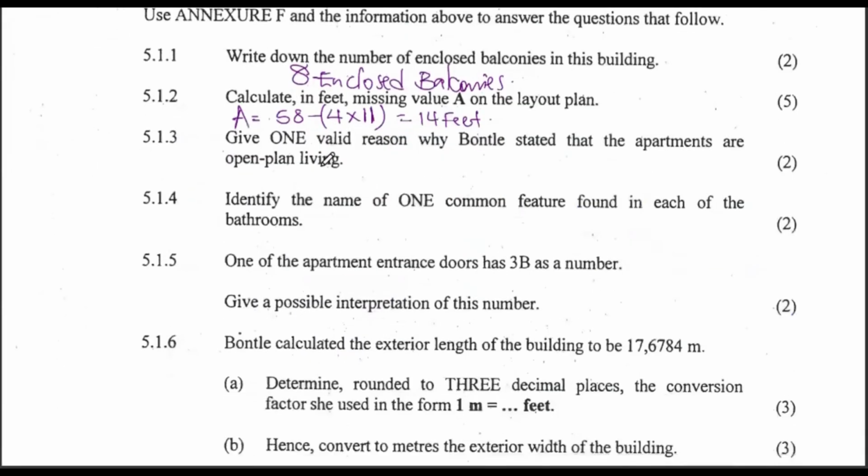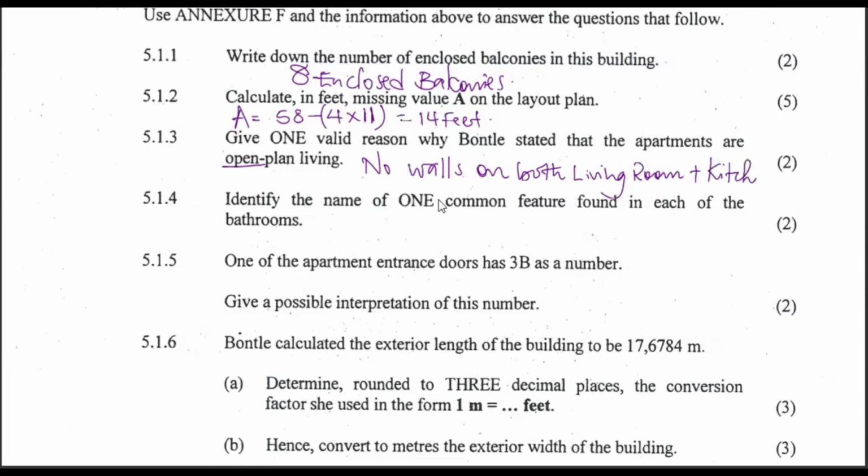Okay, we continue. Give one valid reason why Bothe says that the apartments are open plan living. Open plan living simply means there are no walls on both the living room and the kitchen.